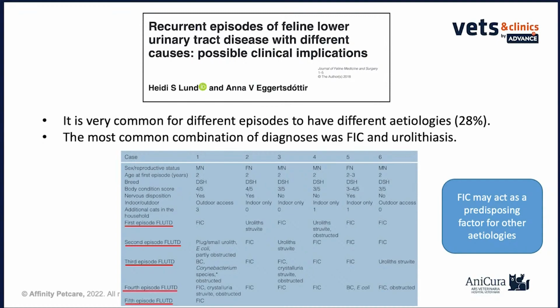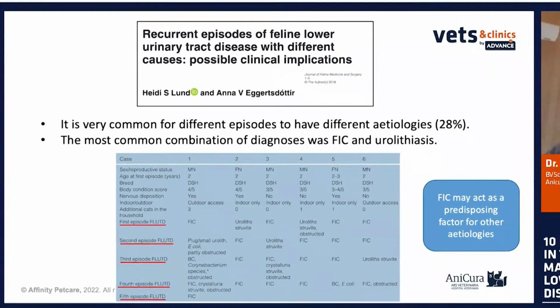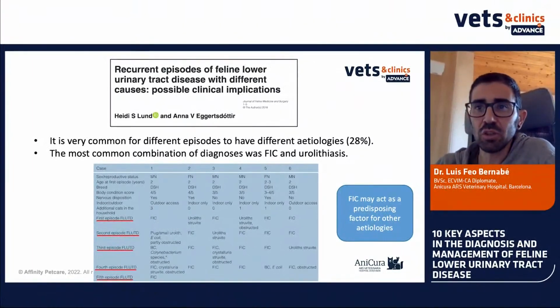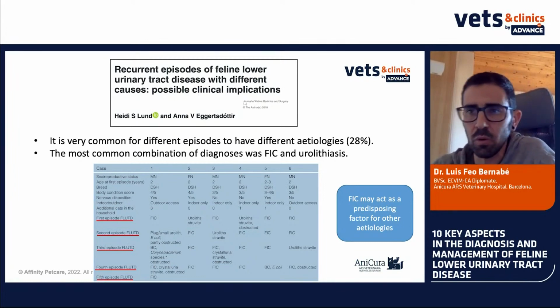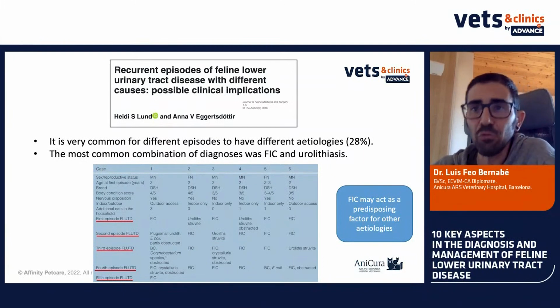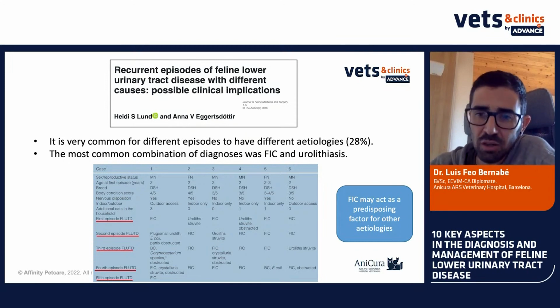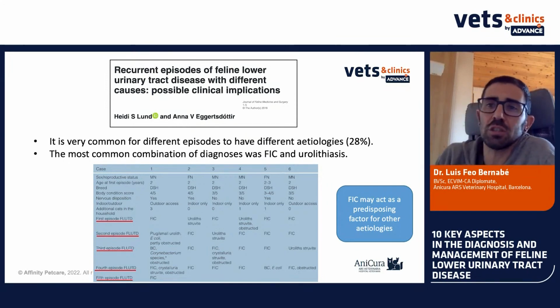It's very common for different episodes to have different etiologies. So it's quite common that you diagnose a patient with feline idiopathic cystitis, and in the next episode, after 1 month, 2 months, you can have a different etiology, like urolithiasis, like an infection. We don't really know why that's happening, but we know that feline idiopathic cystitis might act as a predisposing factor for other etiologies.